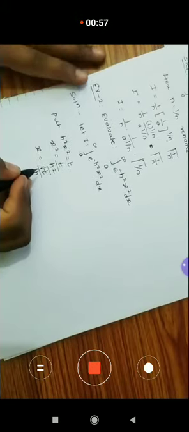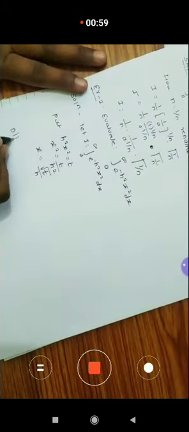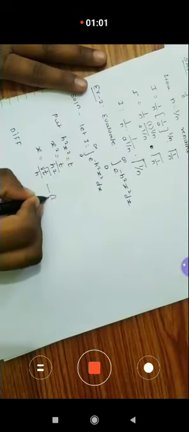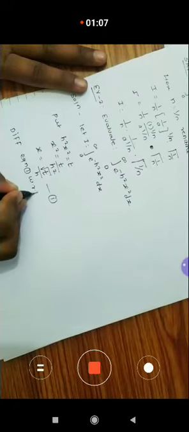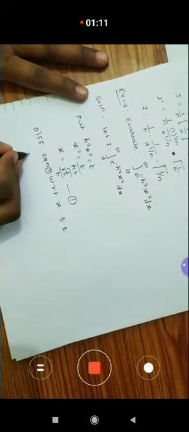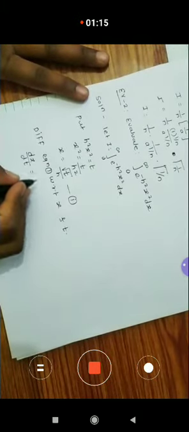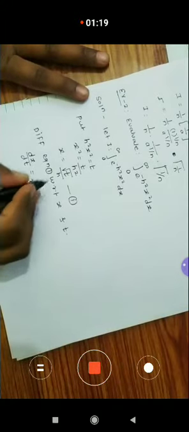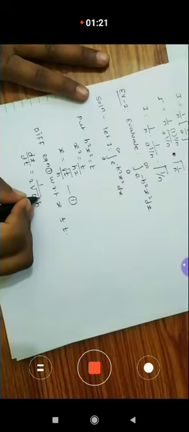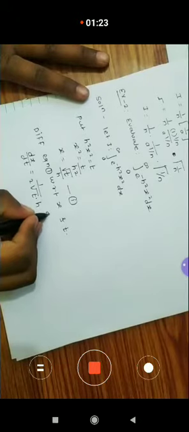Okay, now we differentiate this equation 1 with respect to x and t. So it becomes what? dx by dt equals 1 upon 2 root t into h, as h is constant, and then it gets the derivative.